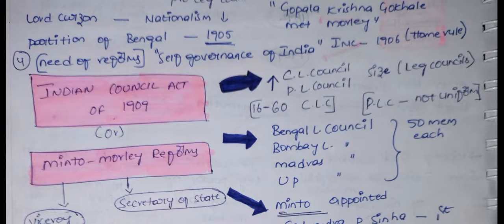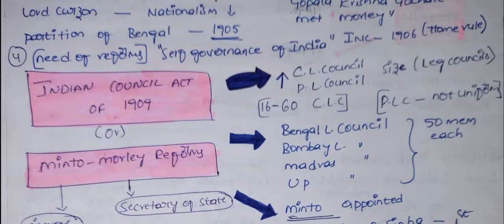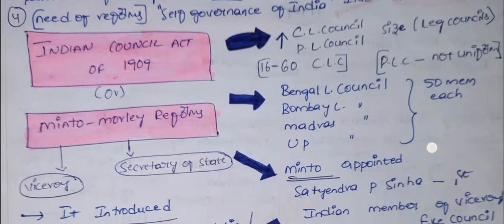This Indian Councils Act 1909 is also known as the Minto-Morley reforms. The Bengal, Bombay, Madras and UP Legislative Councils had 50 members each. Minto was the Viceroy, and Morley was the Secretary of State.